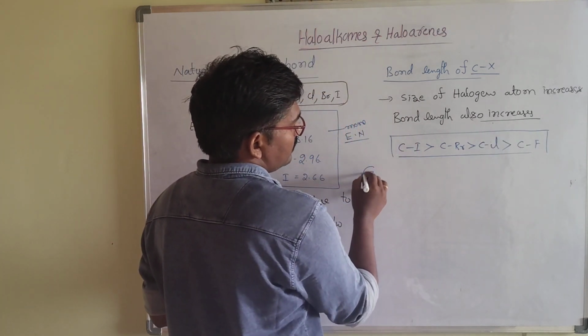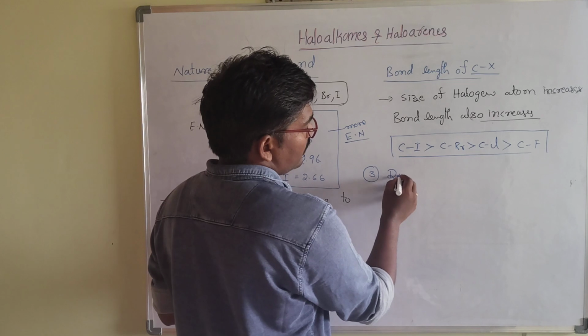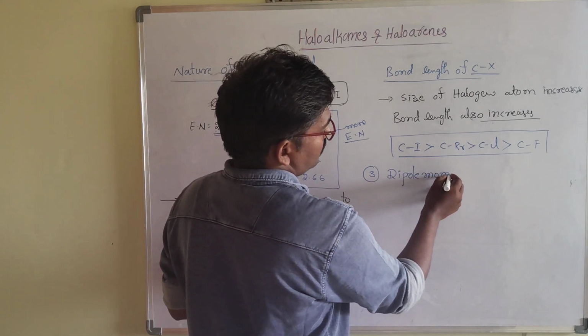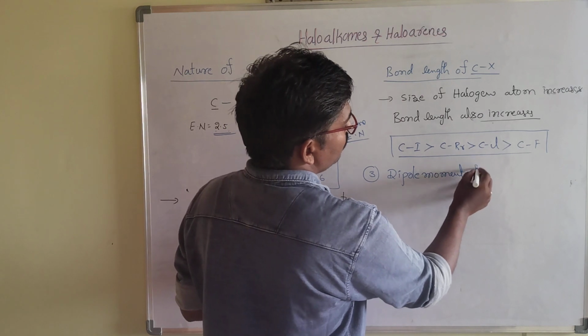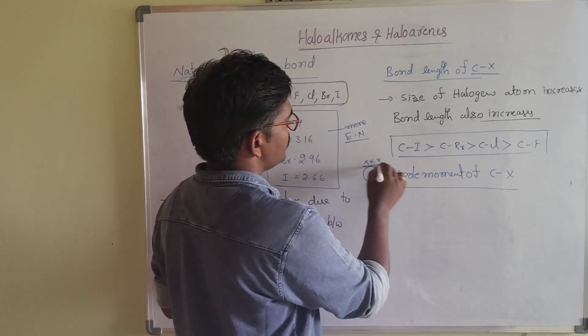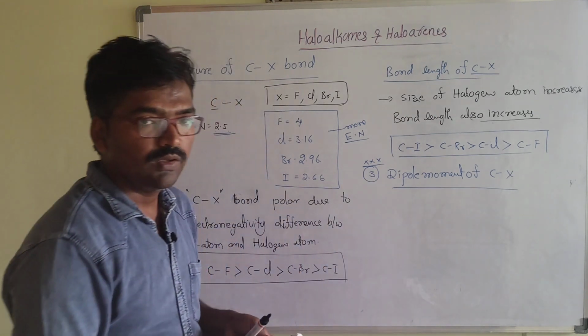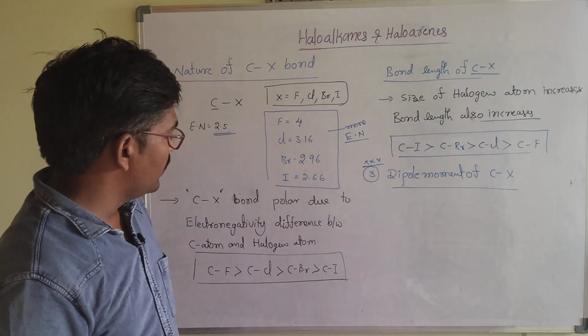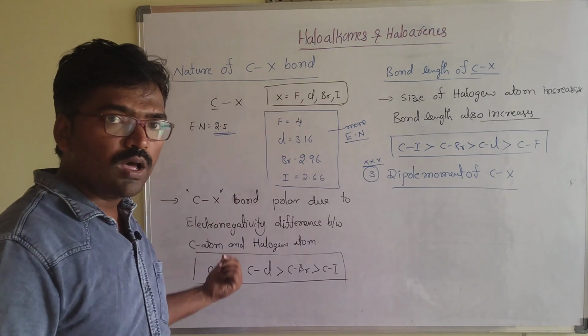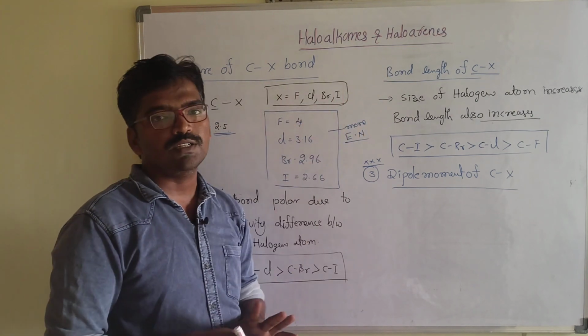Last, third one, the dipole moment of the C-X bond. This is very, very important. Why is it more important? Due to the above two factors: one is the polar factor, and the other is the bond length factor.